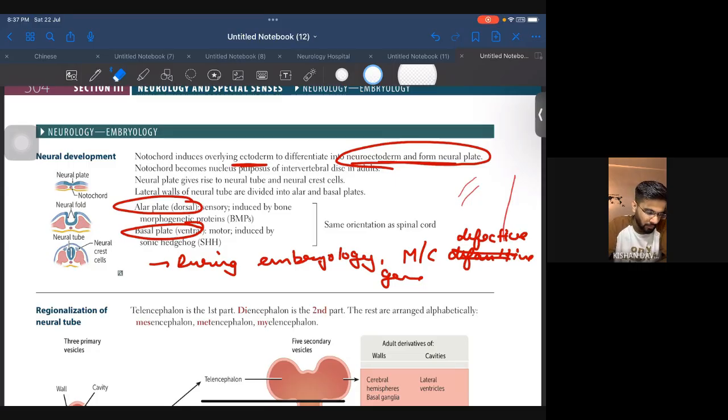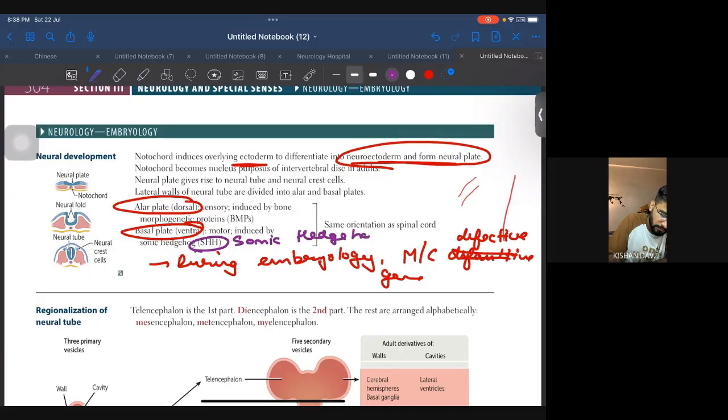So what you can do is you can always go for the SHH gene. Always go for the SHH gene, because Sonic Hedgehog gene, this is the full form. They have already given you Sonic Hedgehog, so you can always go for this.